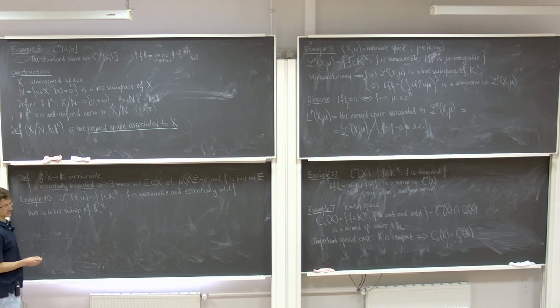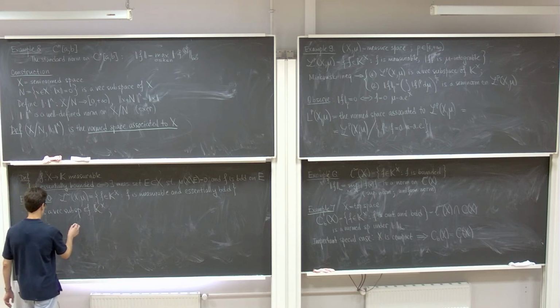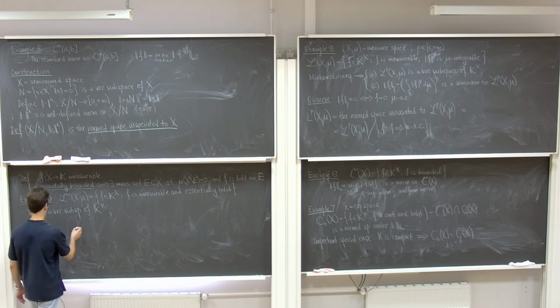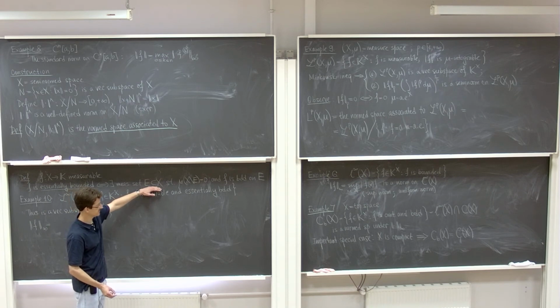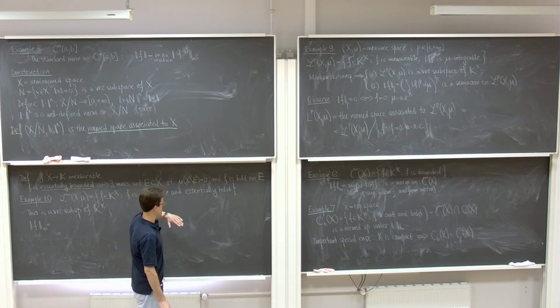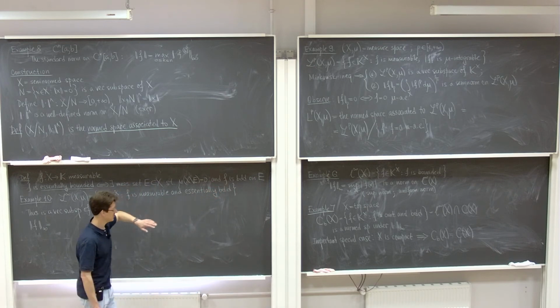And moreover, there is a canonical seminorm on the space given by the following formula. The notation for the seminorm is the same as for the supremum norm, but again, this is the standard abuse of notation. The definition is slightly different. So we do the following. First of all, we consider all sets of full measure, that is, all sets satisfying this condition, and take the supremum of f over each of them.